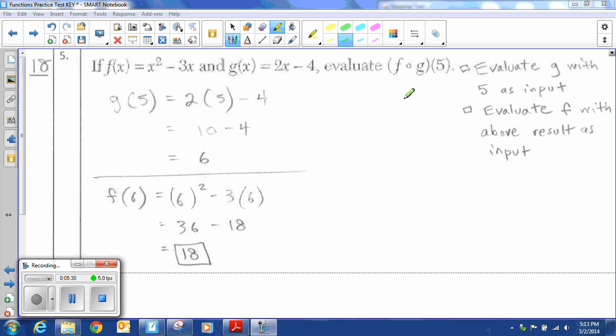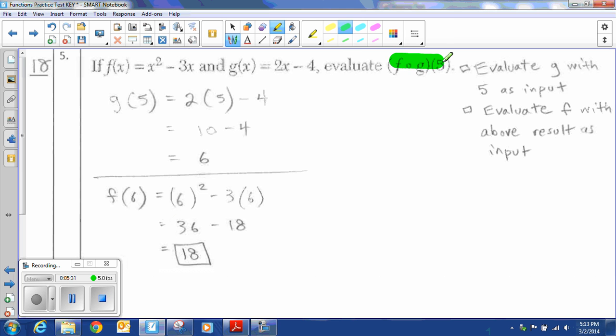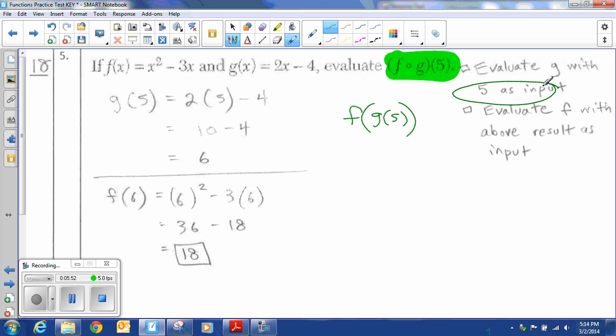Okay, number 5. Here we have this type of composition of functions. The way it's expressed is f of g of 5. So you want to rewrite it using nested parentheses, f of g of 5. We know we have to evaluate g first with the input of 5.